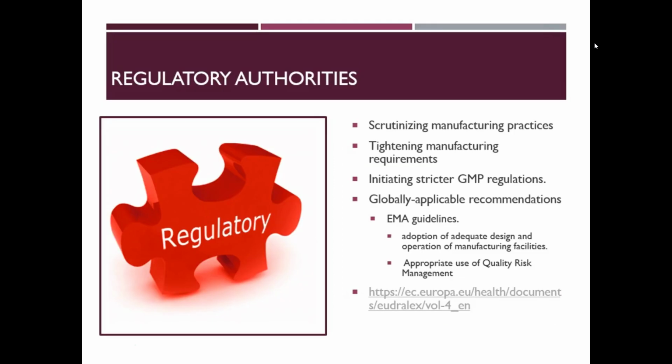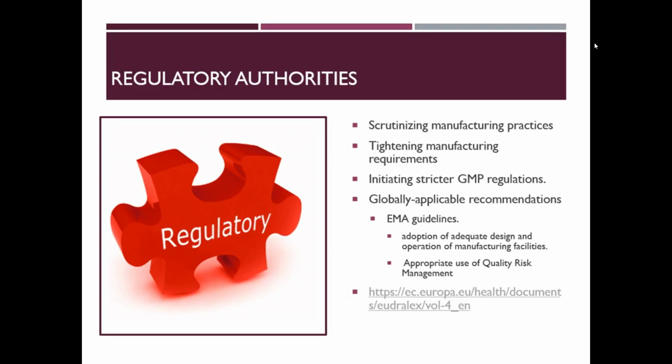So finally, the regulations around cross-contamination and contamination prevention. In order to prevent cross-contamination from occurring and guarantee the well-being of workers and patients, regulators are scrutinising manufacturing practices, they're tightening manufacturing requirements around GMP regulations. Some techniques and procedures may vary in different countries, but regulators are still able to come up with globally applicable recommendations and conditions which aim to enhance currently used methods.